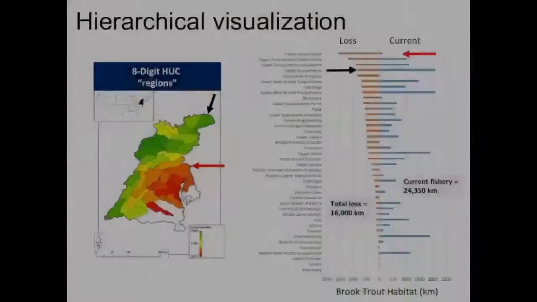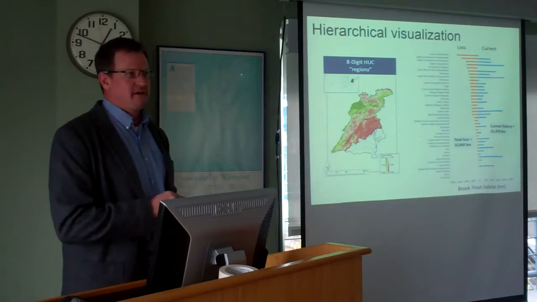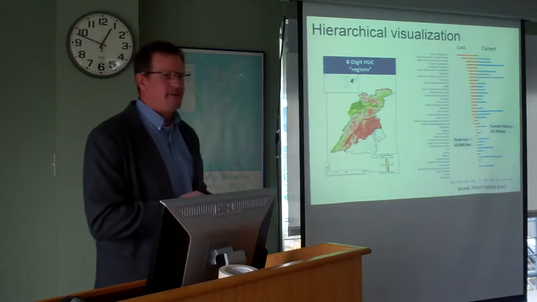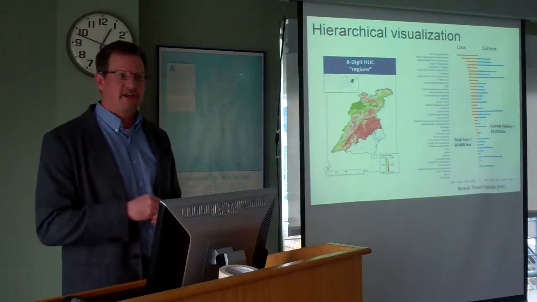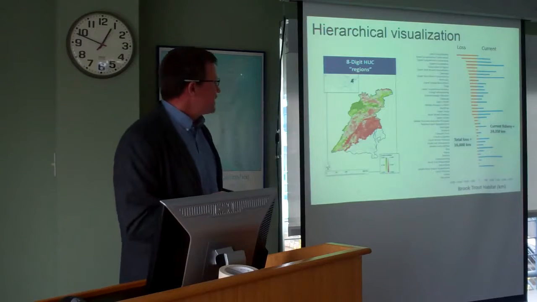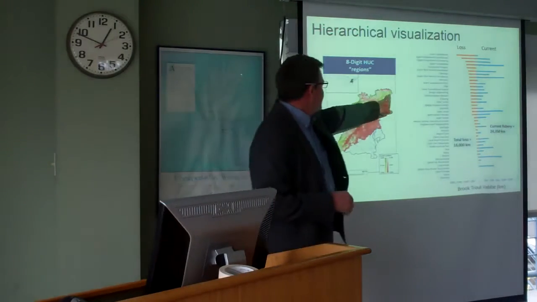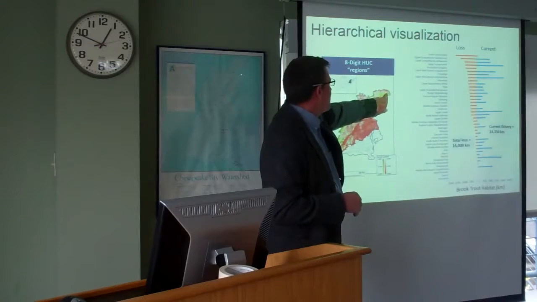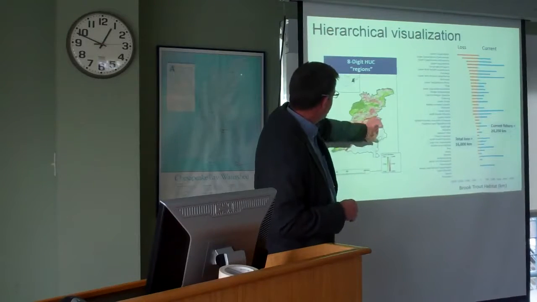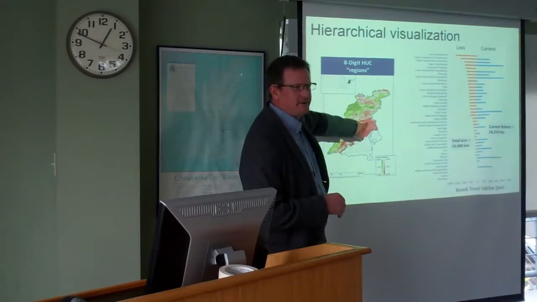Here these histograms are each of the 8-digit HUCs, and it's a measure of the current brook trout fishery, so how many kilometers of brook trout fishery are in each 8-digit HUC, and how much has been lost due to stress. And they're ranked based on loss. And you can see the lower Susquehanna, which is here, has lost the most, but also has very, very little current.